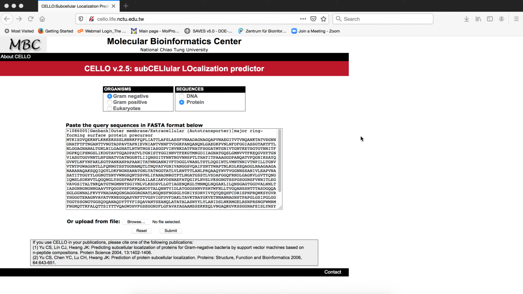So how does CELLO work? CELLO uses a machine learning algorithm which is known as the support vector machine. Now, briefly regarding support vector machine, it is important to note that a support vector machine utilizes a test case and an experimental case.